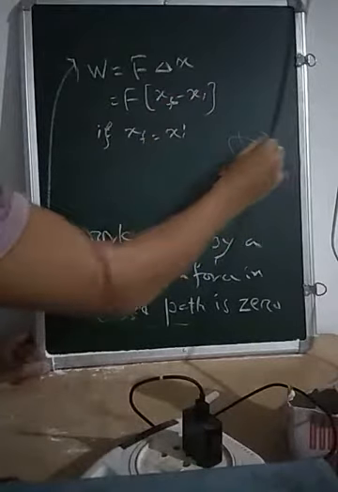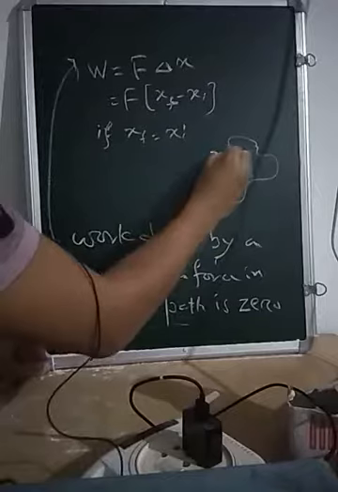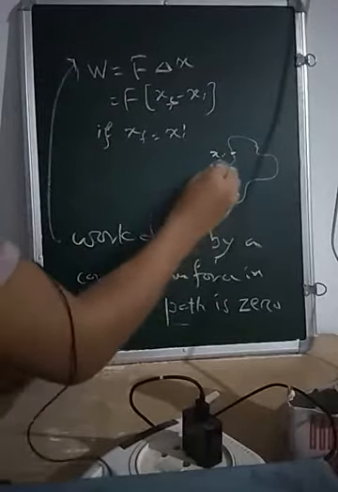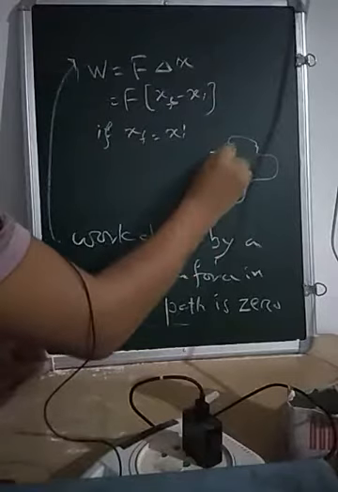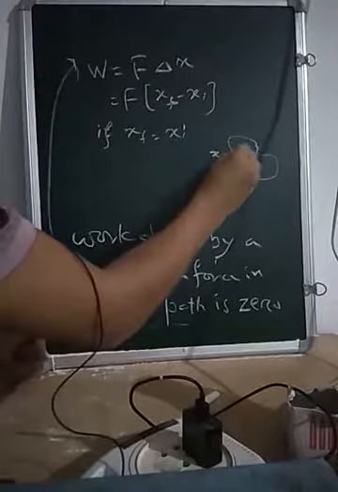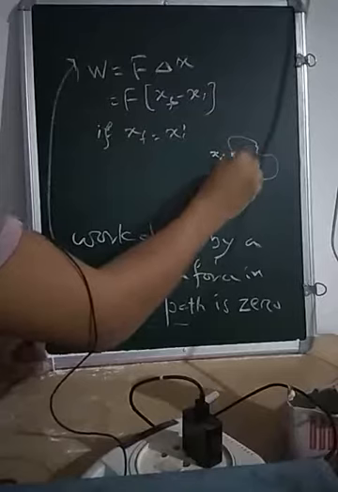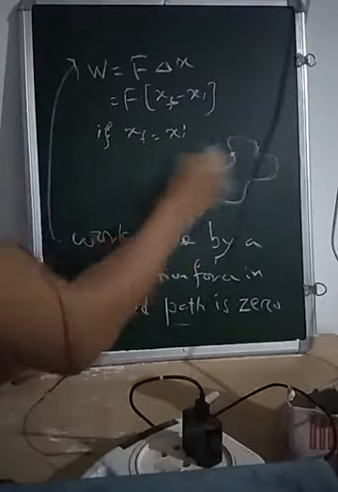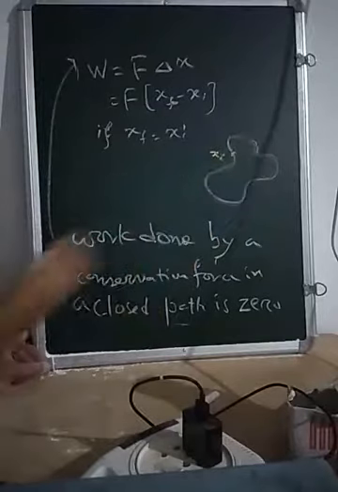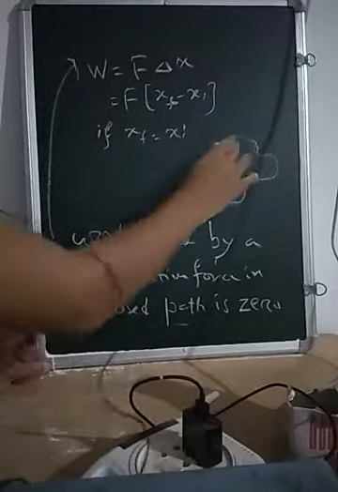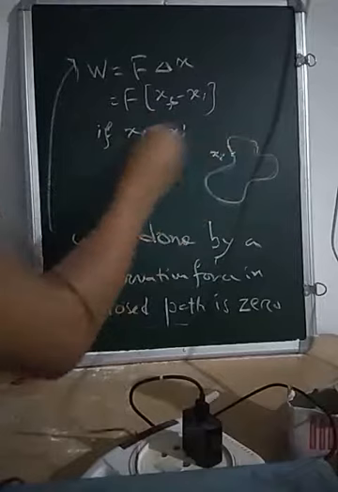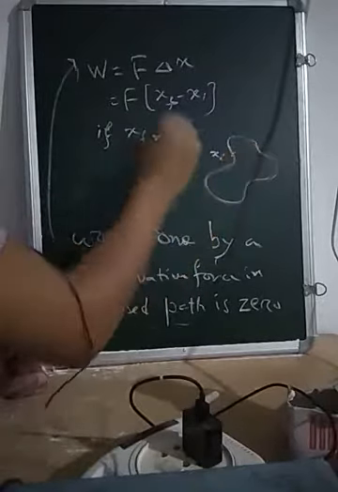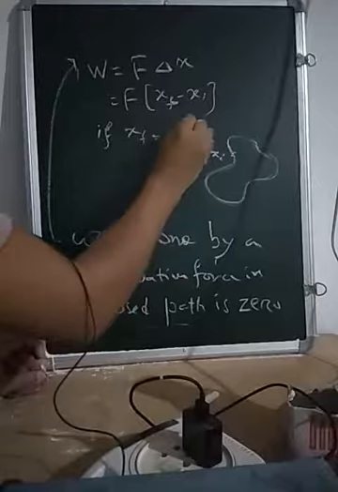Suppose I start from the xi position and apply some force on an object, and during the whole displacement the path traced by the object is cyclic or closed, so the initial and final positions are the same.